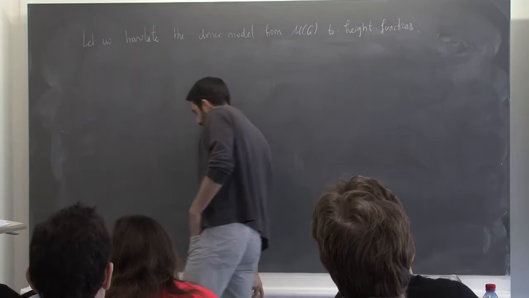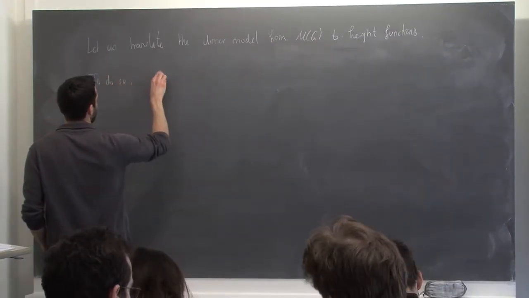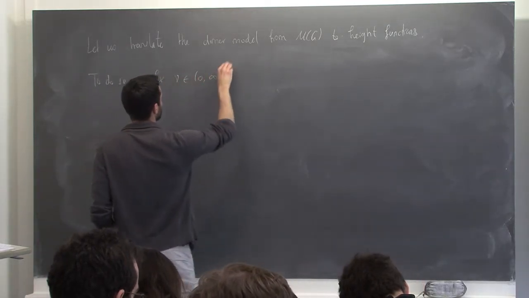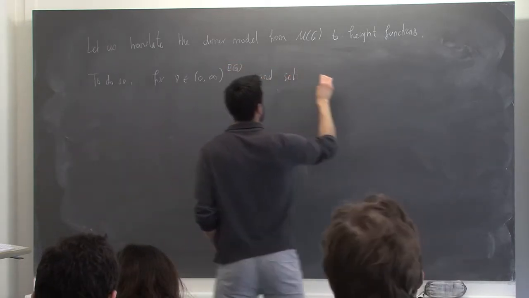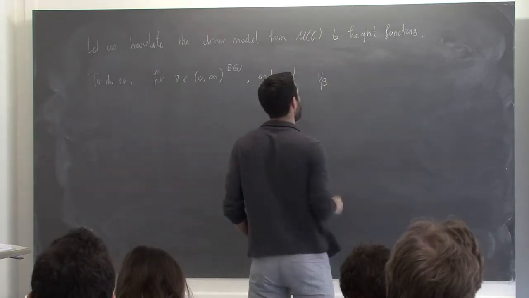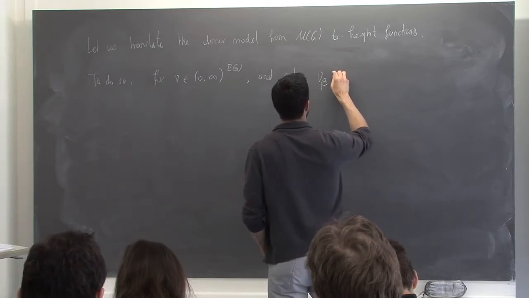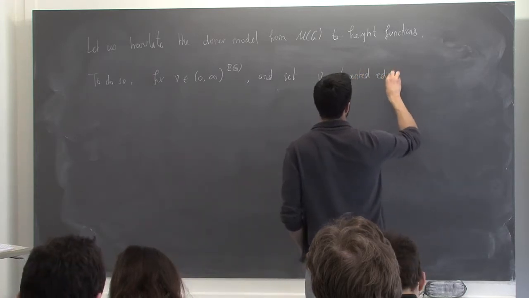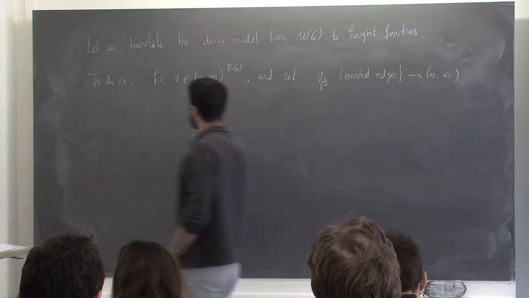Okay. To do so, I fix edge weights and set new beta, so beta is for bipartite, going from the set of oriented edges to 0 infinity, and I write it this way.